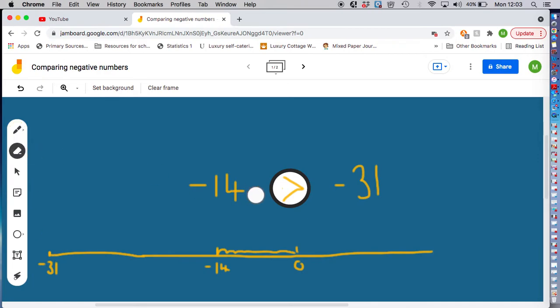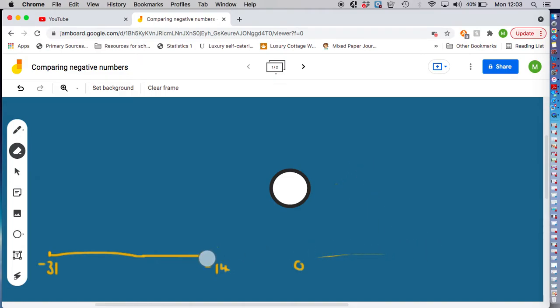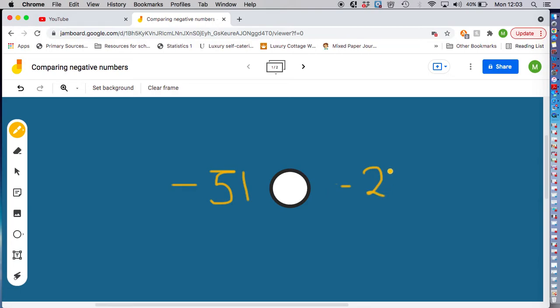So let's have a look at another one. Sometimes drawing a little sketch helps. So what if we had negative 51 and negative 27? Which one of them is further away from 0?